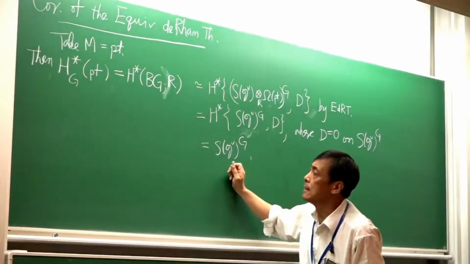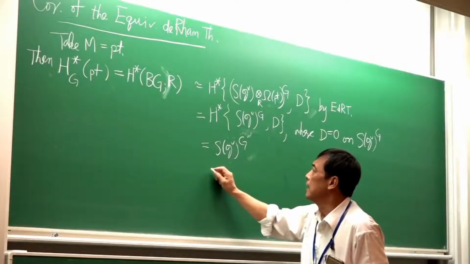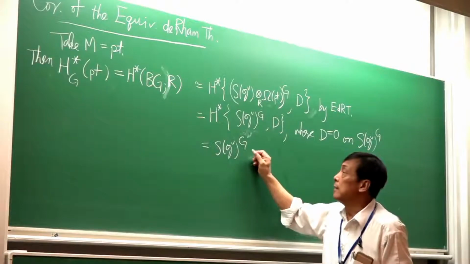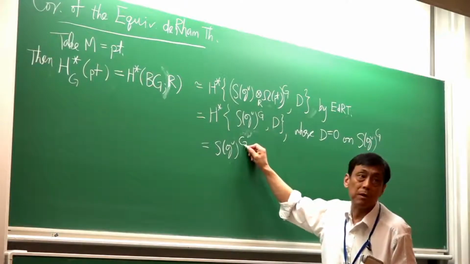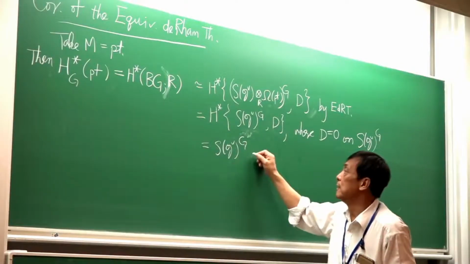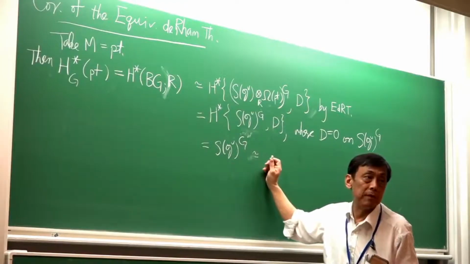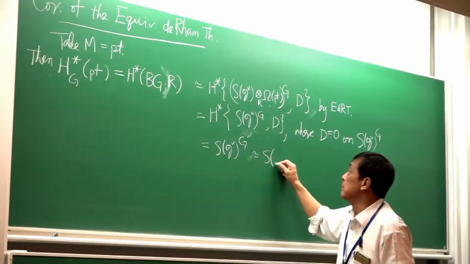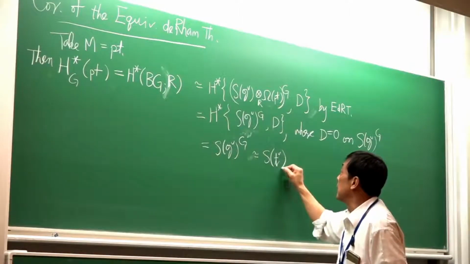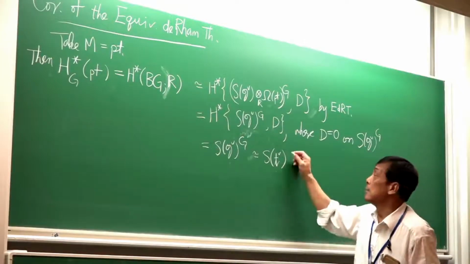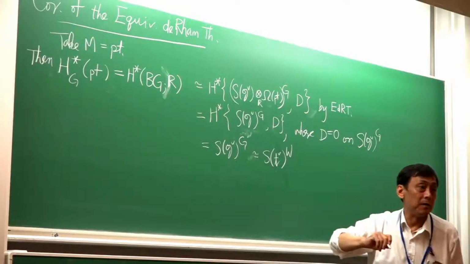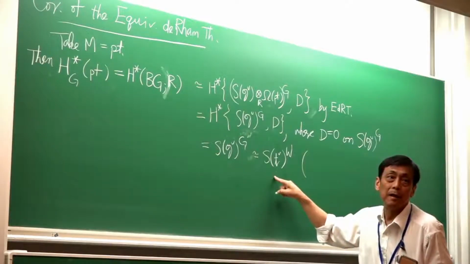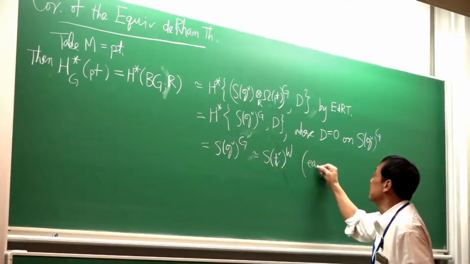Okay? And then it's actually not too difficult to show that invariant polynomials on the Lie algebra are isomorphic to polynomials on the Lie algebra of a maximal torus that are invariant under the Weyl group. Okay? So this is an easy theorem.